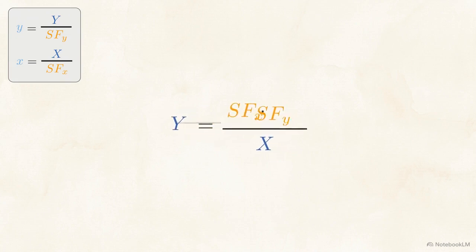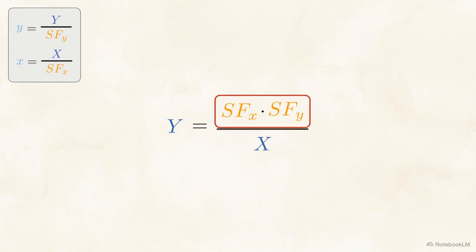Y equals the product of the x and y scale factors divided by X. Looking at our data table, let's test a real input of 0.4, which we have already scaled to an integer X of 40. We multiply our input scale factor of 100 by our output scale factor of 10, giving us 1,000. Dividing 1,000 by our integer input of 40 yields an output integer of 25.